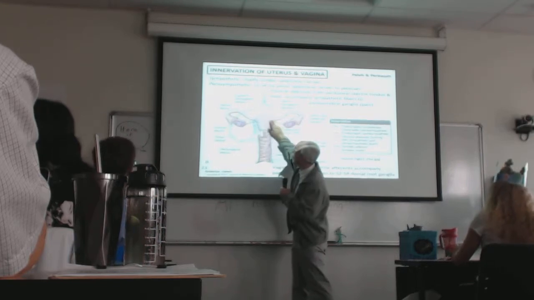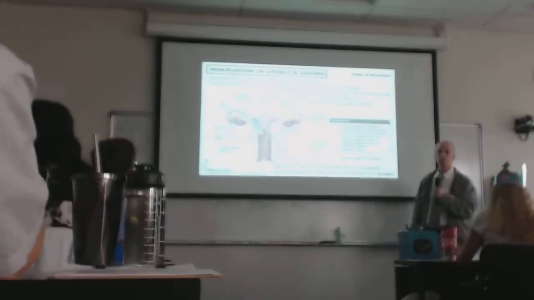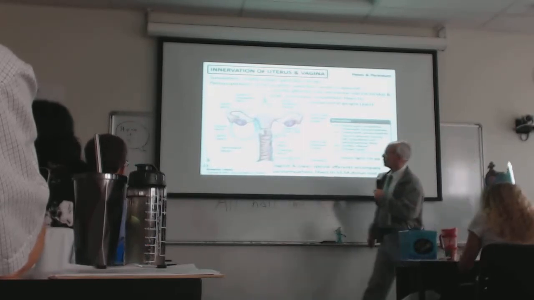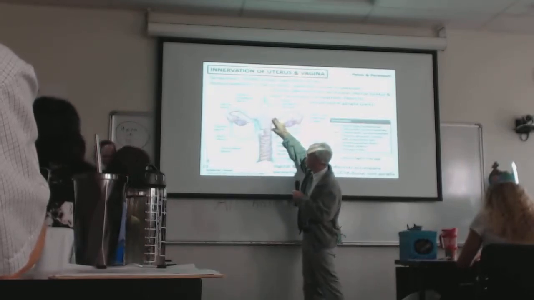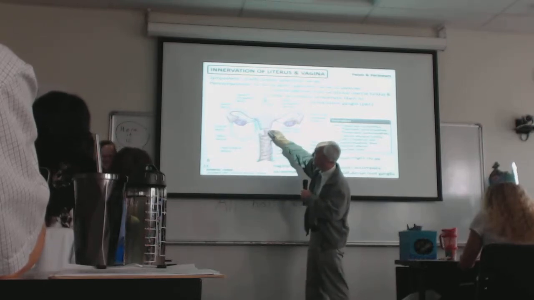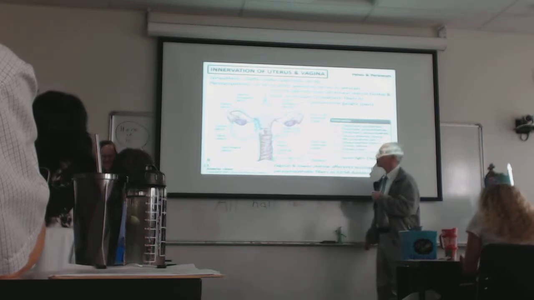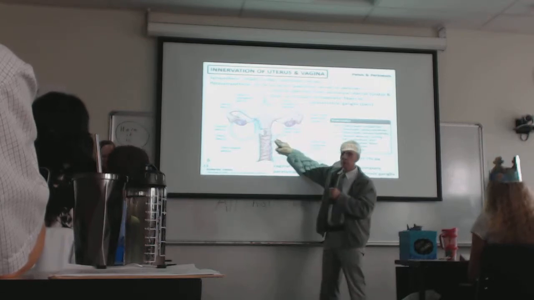Notice that the uterus is predominantly innervated by what division? Sympathetic. All right, so this inferior region, and you have to be careful how I say this, but the inferior region of the pelvic cavity before we get into the perineum, below the perineal membrane, that's mostly sympathetic. Then what is a little misleading down here, this pelvic plexus is mixed.